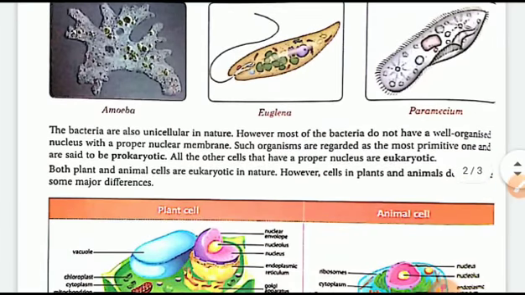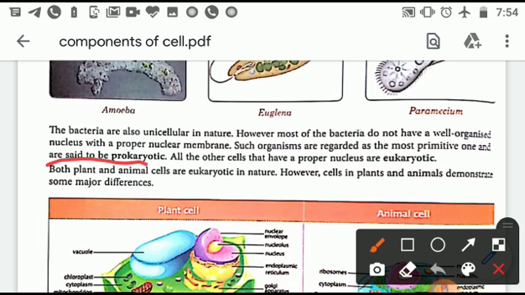Bacteria are also unicellular in nature. However, most bacteria do not have a well organized nucleus with a proper nuclear membrane. Such organisms are regarded as the most primitive and are said to be prokaryotic. Prokaryotic means organisms which do not have a well organized nucleus with a proper nuclear membrane.